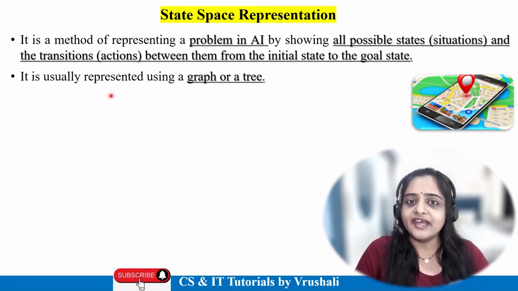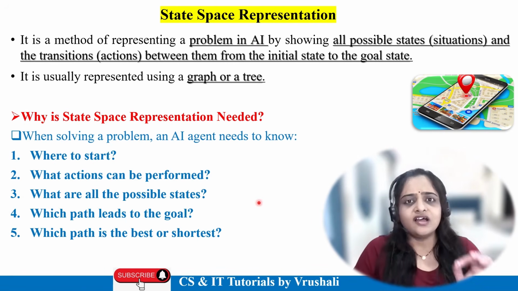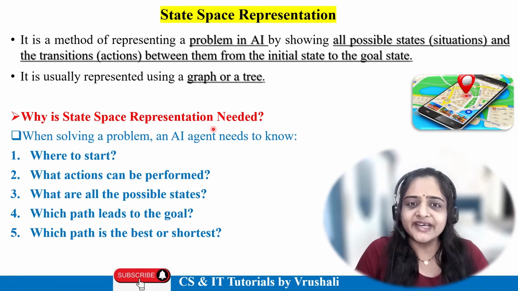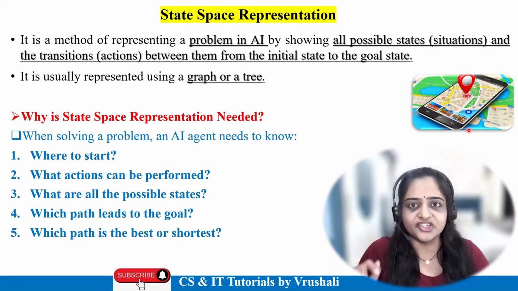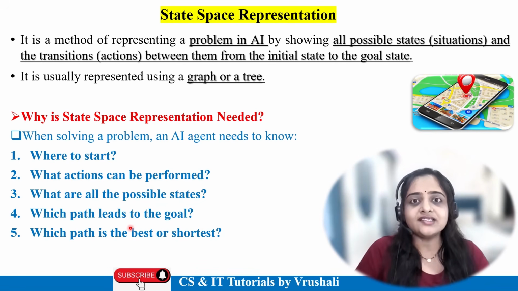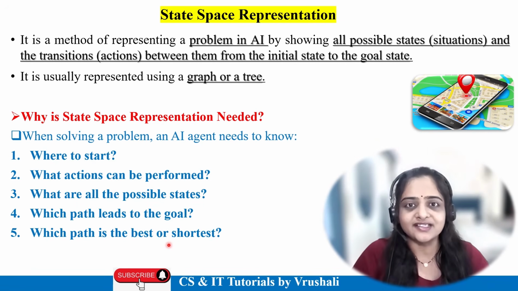In AI, it is usually represented by a graph or tree data structure. Why is this state space representation needed? See, in Google Map, when the user sets source to destination, the AI agent needs to know where to start, what actions can be performed, what the possible states are, which path leads to the goal, and which path is the best and shortest path, right?